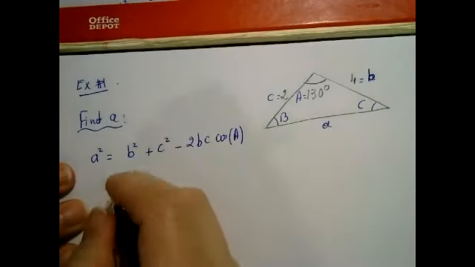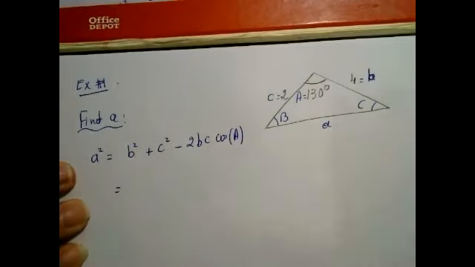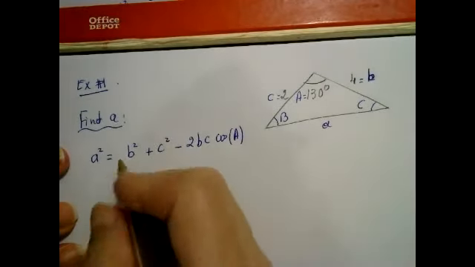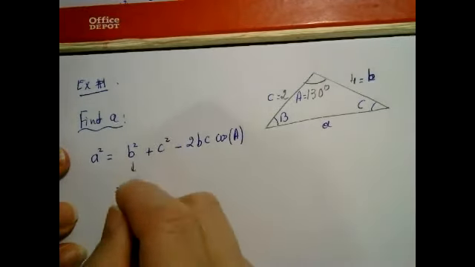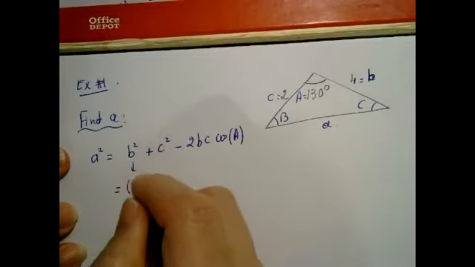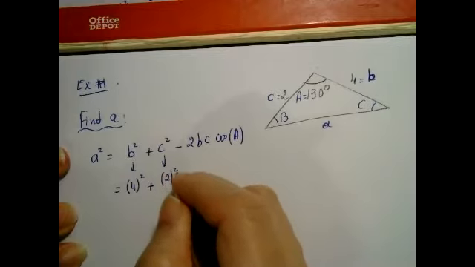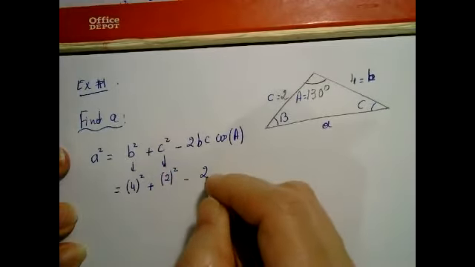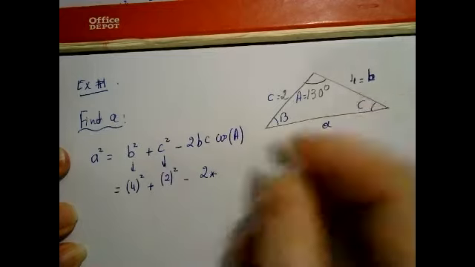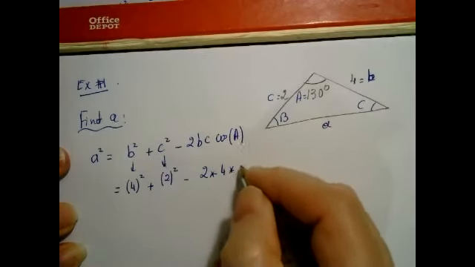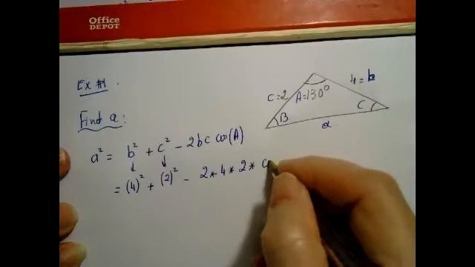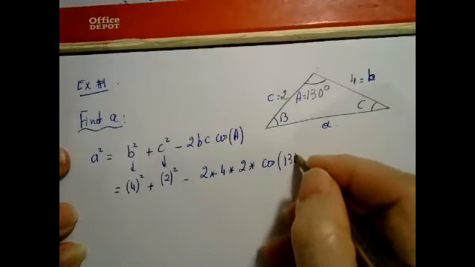So now I have everything, and I need to find A. So b is 4 squared, plus c is 2 squared, minus 2 times b, which is 4, times c, which is 2, times the cosine of the angle in between.